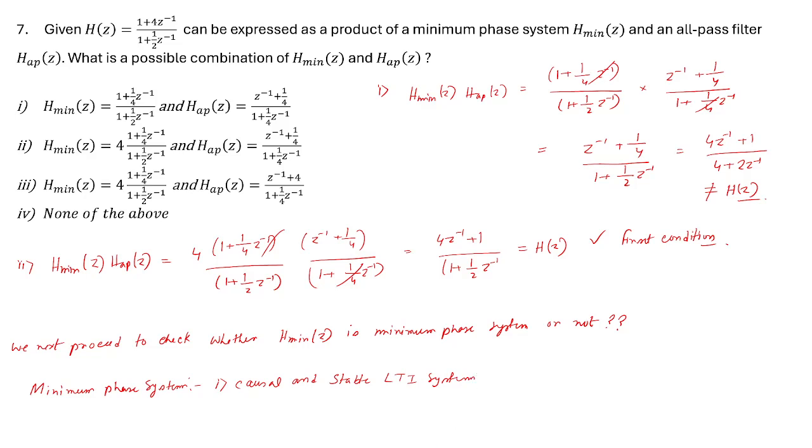Stability basically means your poles should be inside the unit circle, and second, not only that, all zeros should be inside the unit circle. So let us see whether H min of z satisfies them or not.